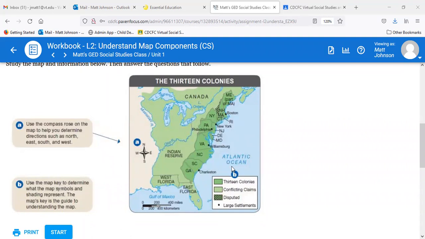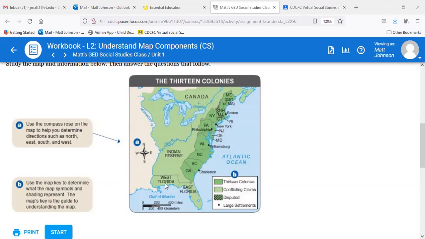So here it's different than the map we looked at with New Jersey, right? We have the 13 colonies represented. So this is obviously, well, if it's colonies, it's before 1776. And we have conflicting claims. So the light green areas we see, part of that is Indian territory, right?